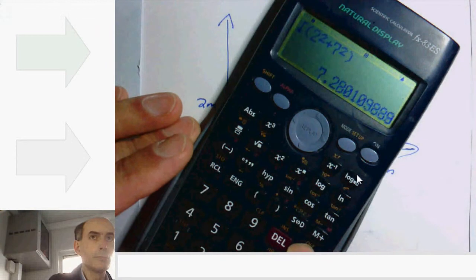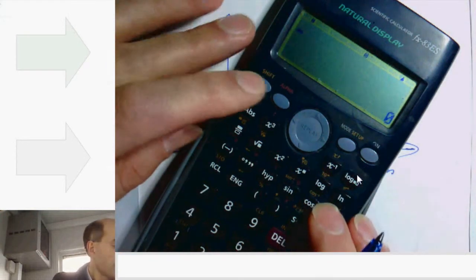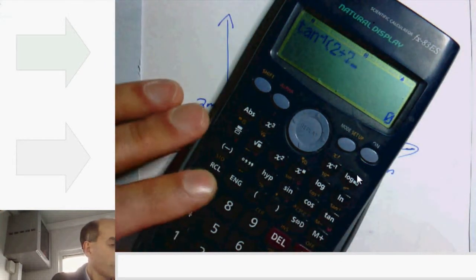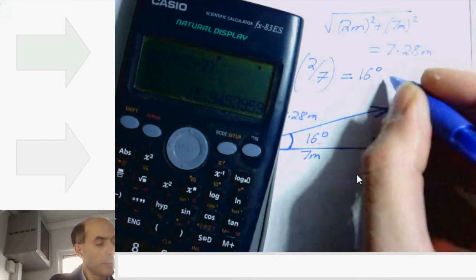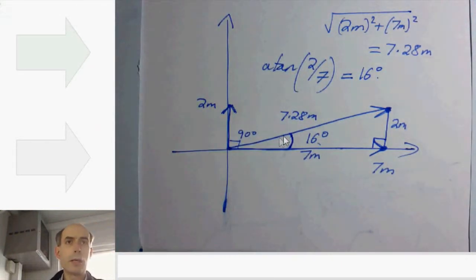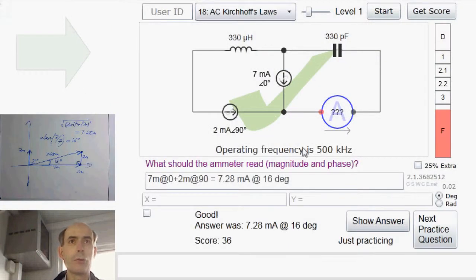And the arc tangent of 2 divided by 7 is 15.94 degrees, approximately 16 degrees. And that's just what the complex calculator in the quiz app is doing for you.